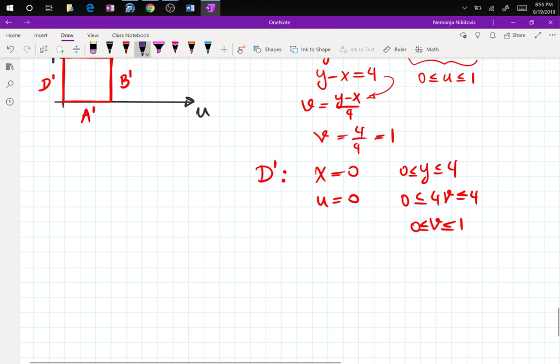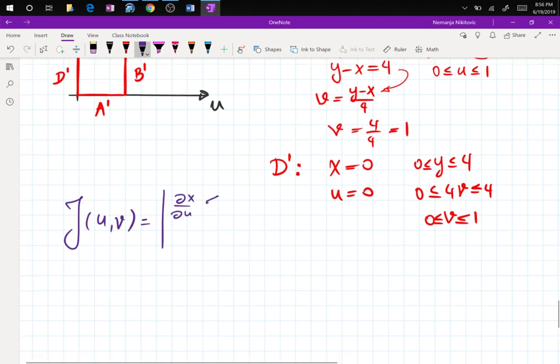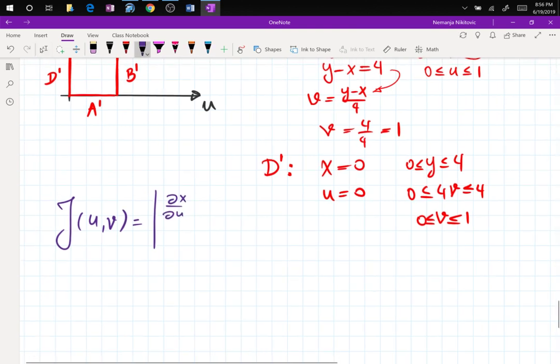The next part is to figure out our Jacobian UV. So partial x, partial u, partial x, partial v, partial y, partial u, partial y, partial v.